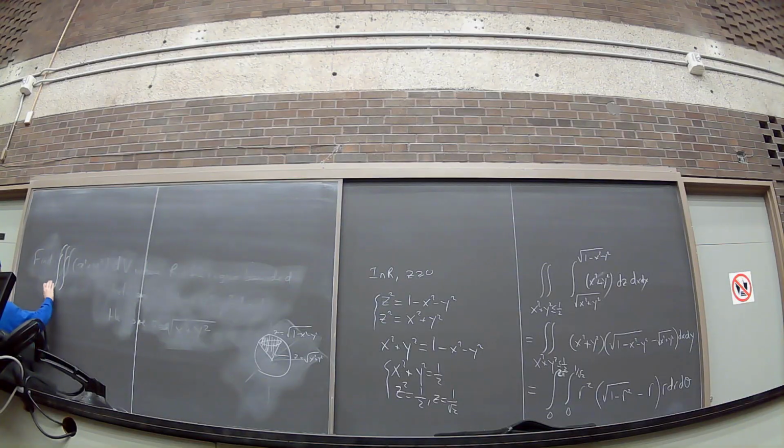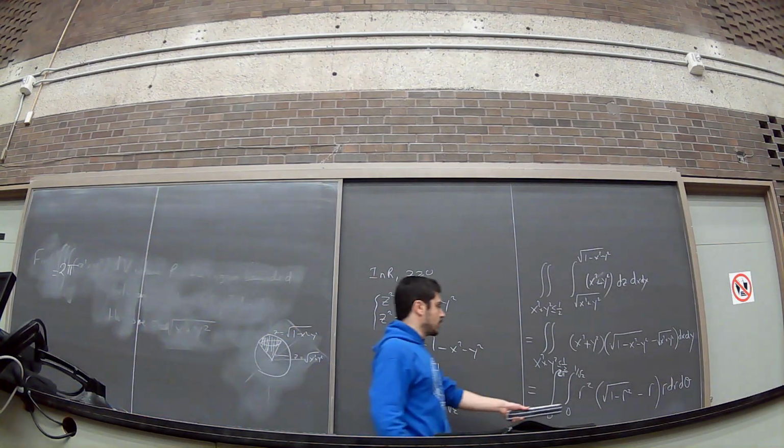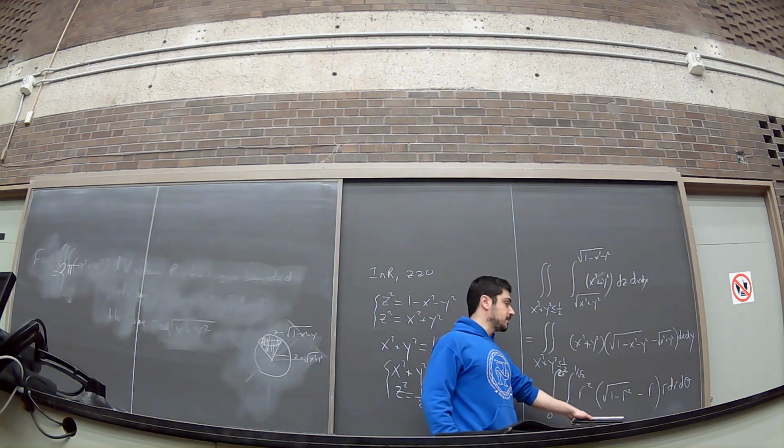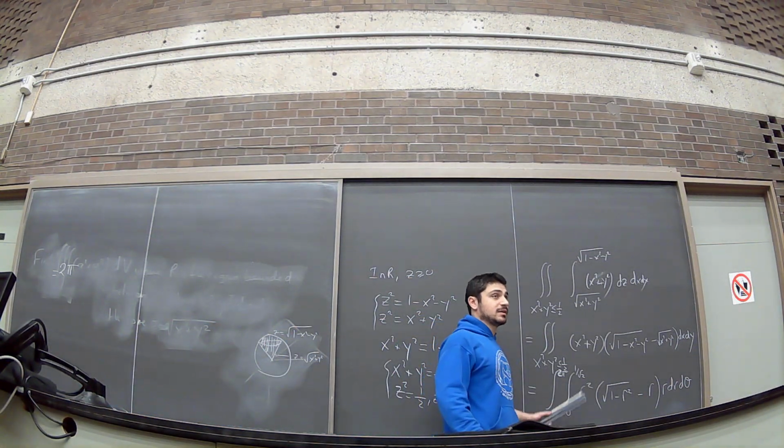You agree that I can take a 2 pi out, right? Because it's a product of two functions: one of theta, which is 1, times a function of r over a rectangle.